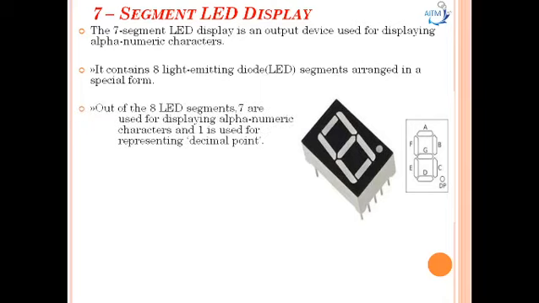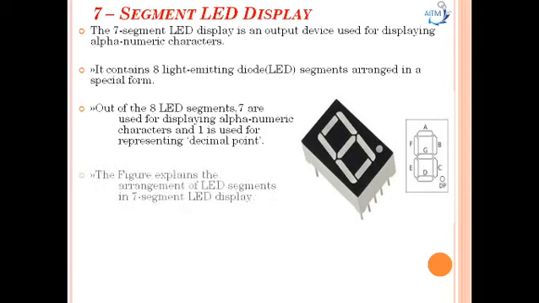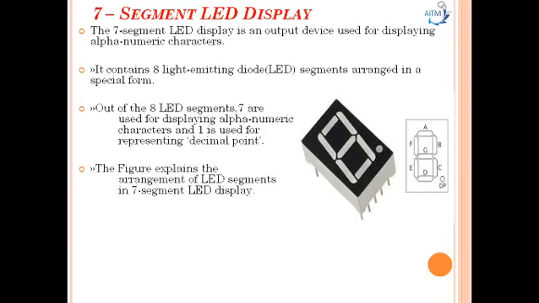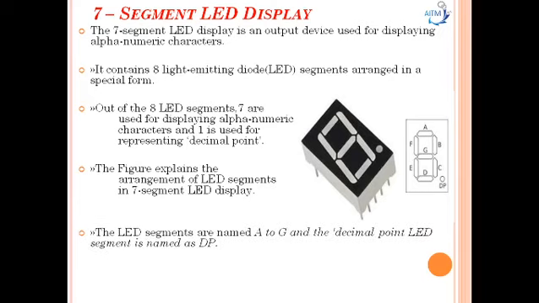Out of 8 LED segments, 7 are used for displaying alphanumeric characters and 1 is used for representing the decimal point here. And the figure explains the arrangement of LED segments in a 7-segment LED display. The LED segments are named A, B, C, D, E, F, G, and a decimal point, that is DP.